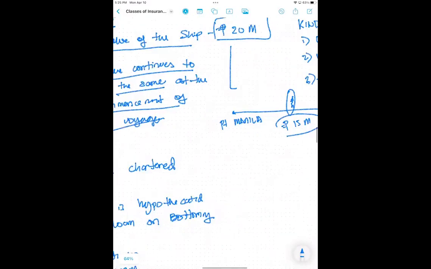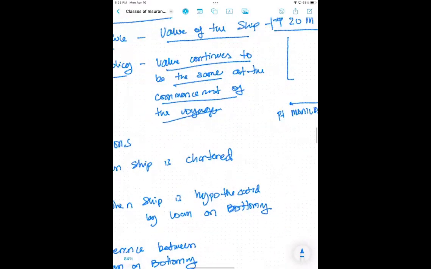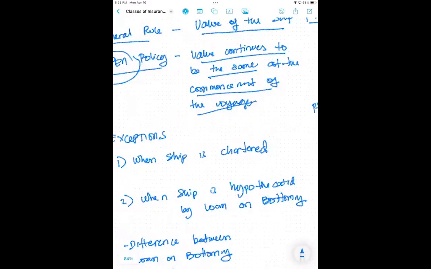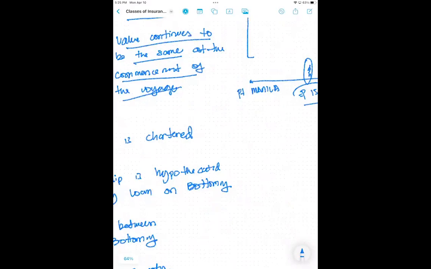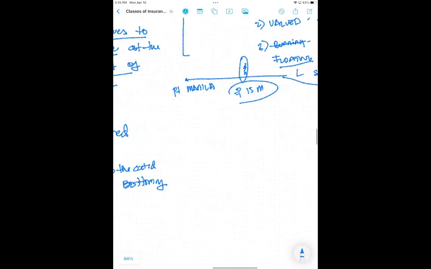But if the policy is an open policy, the rule is that the value continues to be the same even if it is lessened during the voyage.